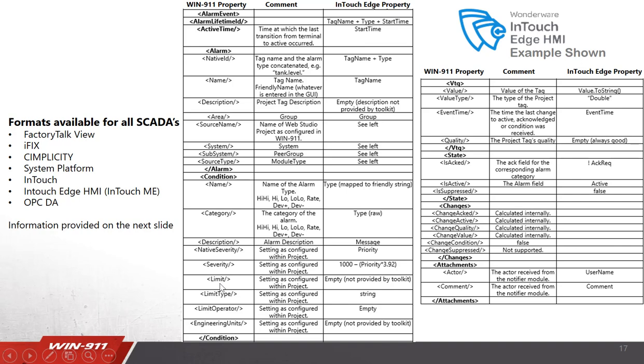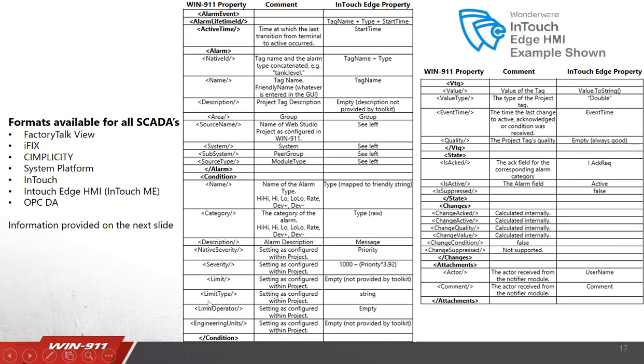A condition certainly has a limit. So if you have a high alarm, whenever it's above 80 gallons, 80 would be your limit. And the limit type in that case could be 80, probably a number. Could be a string, could be a floating point. But that's there. And this is a C#.NET type representation.